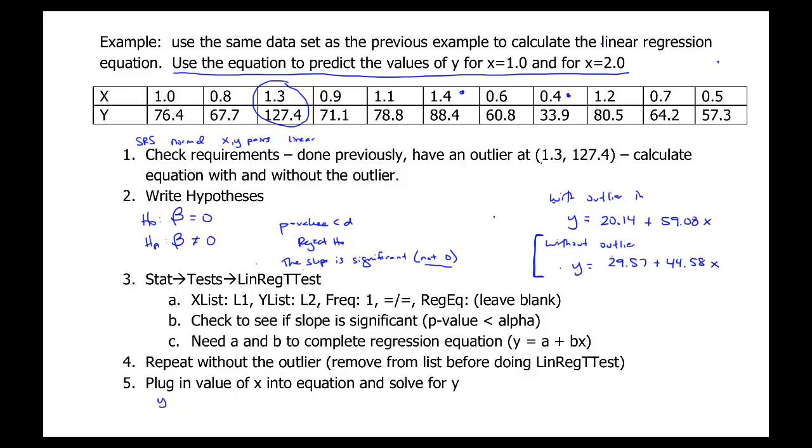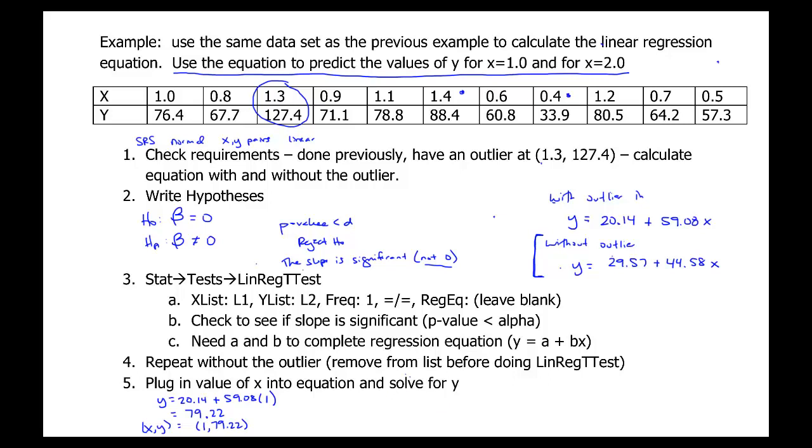So y equals, and we'll predict with both equations. So 20.14 plus 59.08, and x is 1. So we'd get a value of 79.22. So our xy pair would be 1, 79.22.